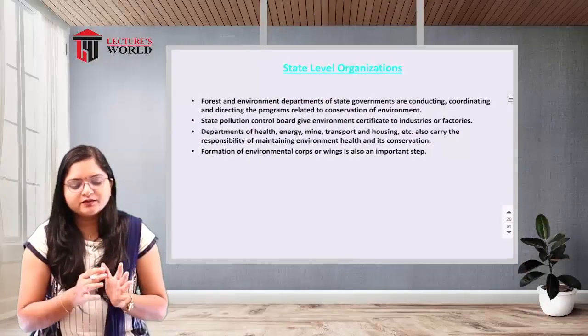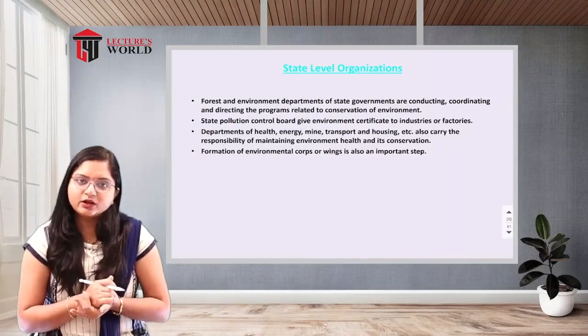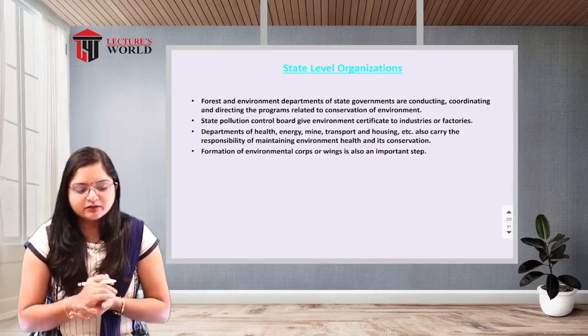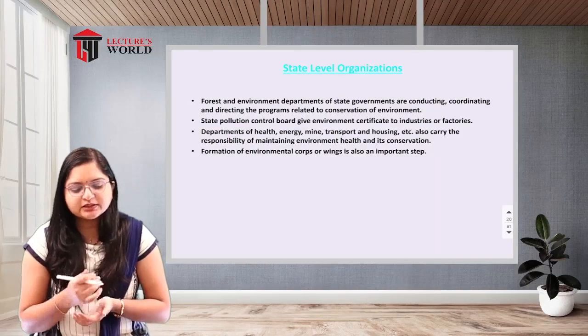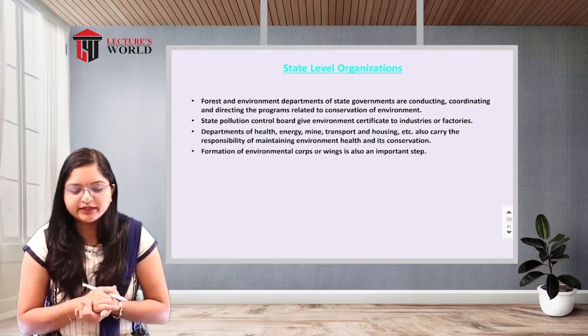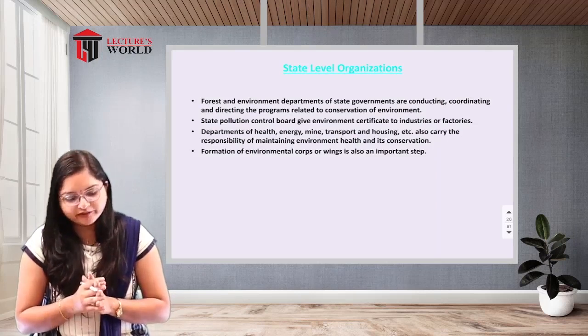So till now we have studied the national level organizations. Now we will see the state level organizations who are working for a better environment. Here the forest and environment departments of state governments are conducting, coordinating and directing the programs related to conservation of a better environment.